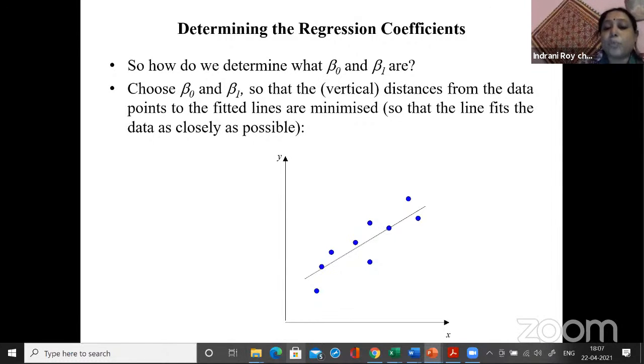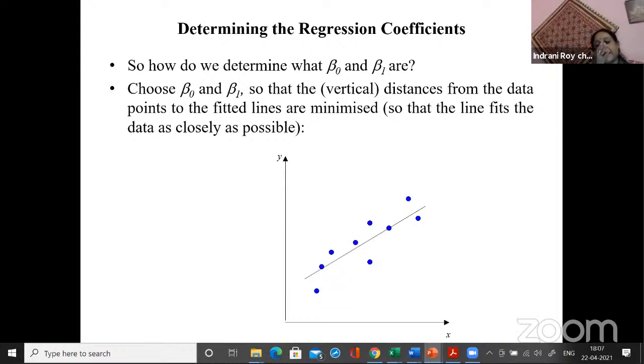Okay, so you can imagine that you have some scattered points, and the researcher is saying that this is the best fitted line, but somebody else is challenging him or her and saying, no, this is the best fitted line of this scattered point. Somebody else further challenges and says, no, this is the line which is the best fitted line.